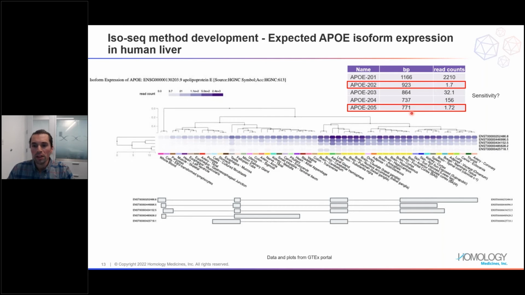We thought that if we could pick up these 2 lowly expressed isoforms, then we'd be able to confidently say that our assay was quite sensitive, and we could be confident in looking for different isoforms of therapeutic variants that we're testing out.